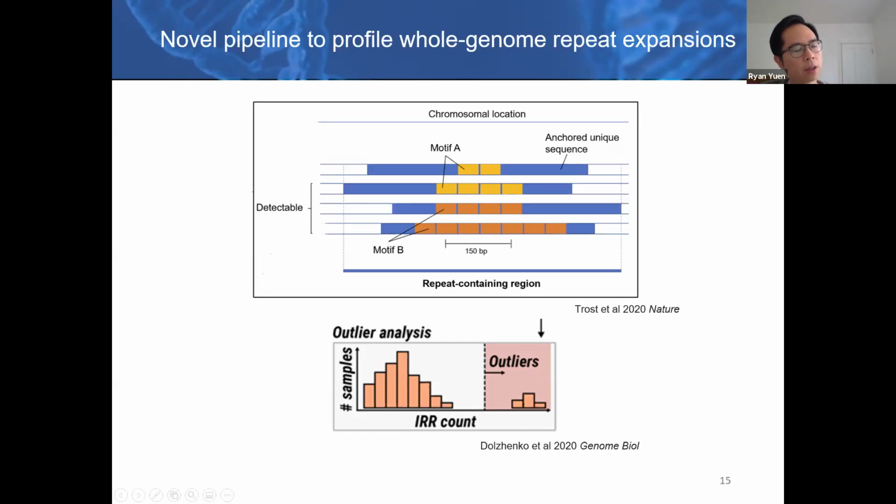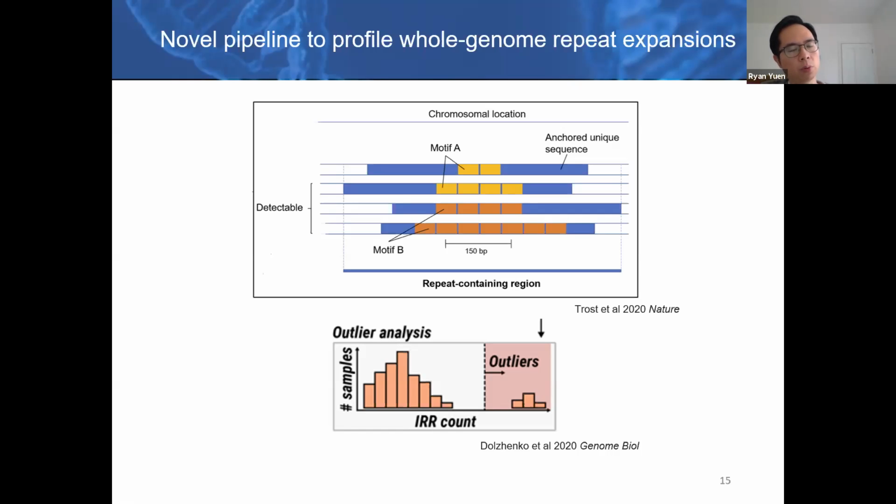We have also proposed an outlier analysis approach where we define expansions as the ones in the outlier region. But the method we described in this paper relies on statistical methods. In most cases, the size distribution of tandem repeat loci does not follow a normal distribution or any consistent distribution, so statistical methods don't really apply to all cases.